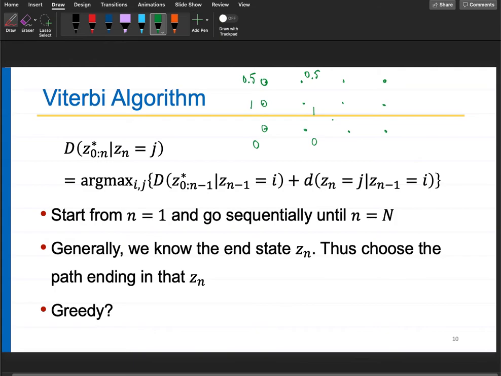I will have to think of an example. No, it is possible that on the way it greedily finds some paths. Okay, let me tell you this way. Let us say you have to reach here. You have to choose between these two paths, right?